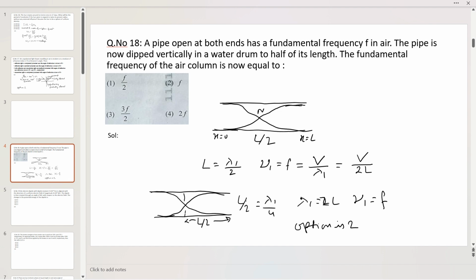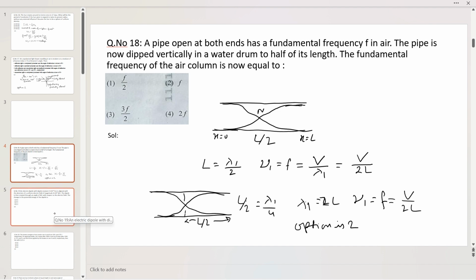Lambda 1 is 2L, so frequency will be f, because f is equal to v by 2L. The frequency will be the same. So your option 2 is your correct answer.